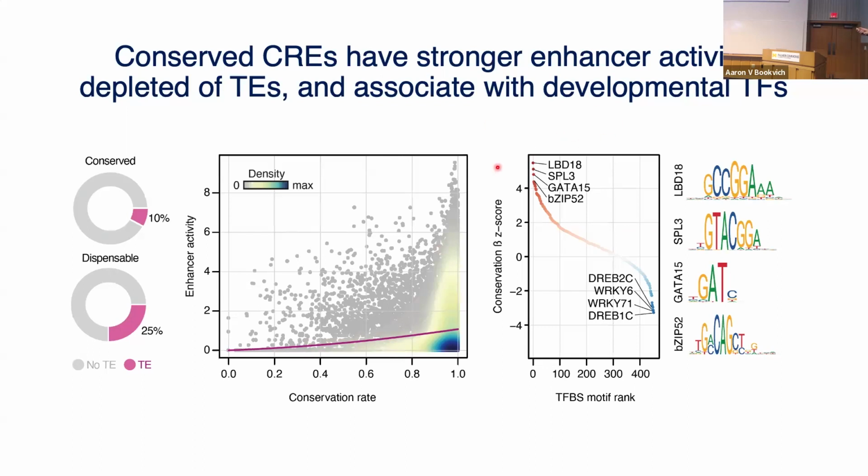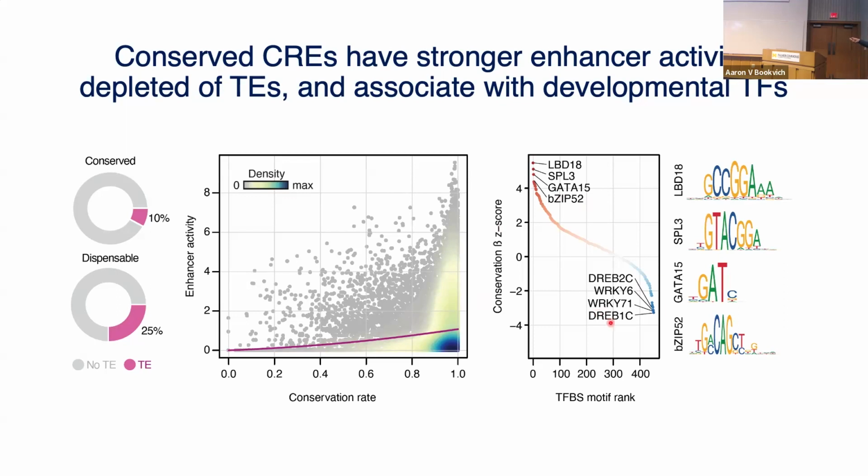We find that a lot of transcription factor binding sites that are core developmental transcription factor binding sites, like lateral organ boundary domain and squamosa promoter binding proteins, so transcription factors that are important for development of the plant, tend to be very highly conserved and contribute to conservation of an accessible region.